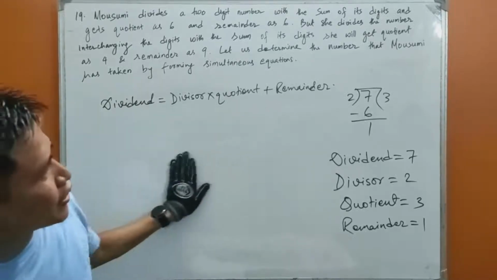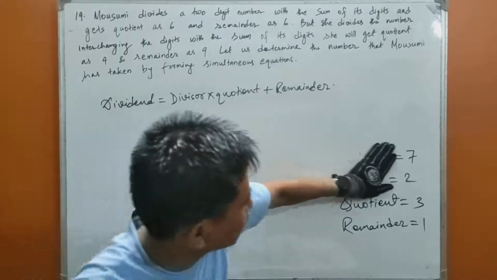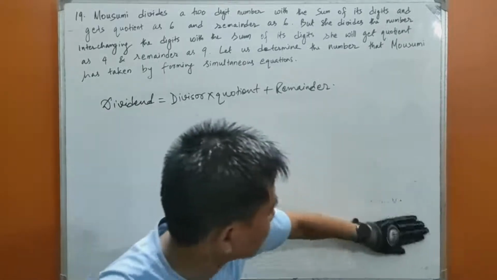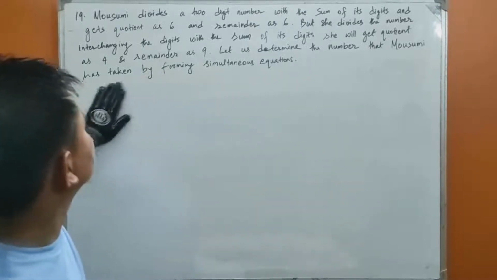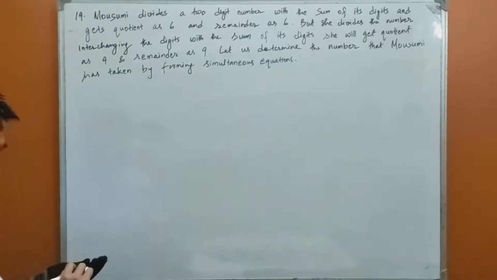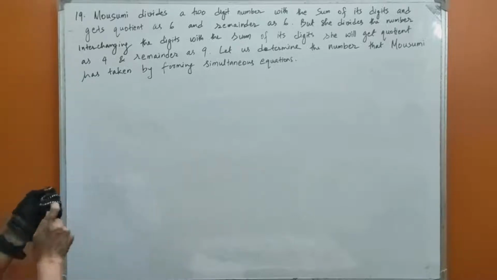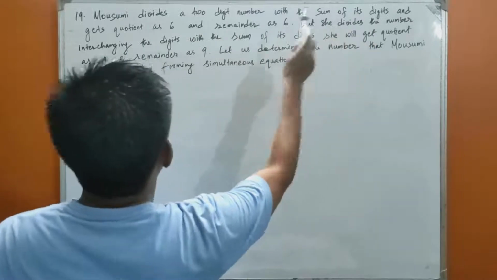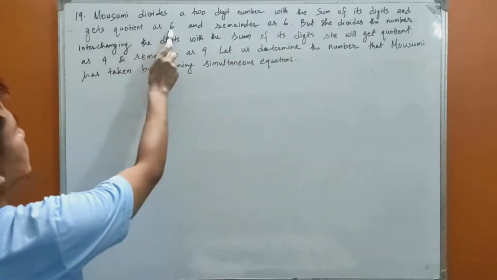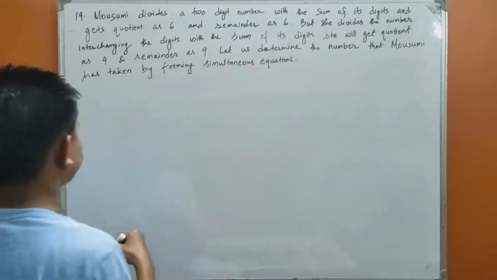Okay, now let us quickly read out the question and then we will understand and solve the question. Okay, first let me read out the question. Mausami divides a 2-digit number with the sum of its digits and gets quotient as 6 and remainder as 6.